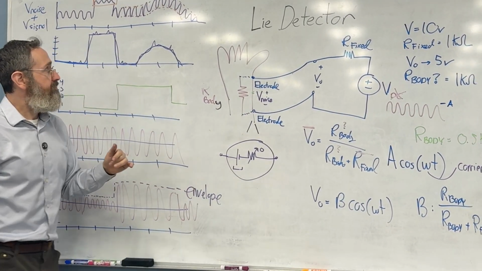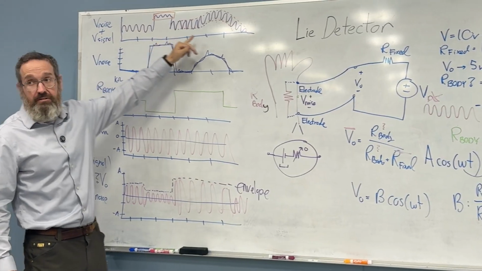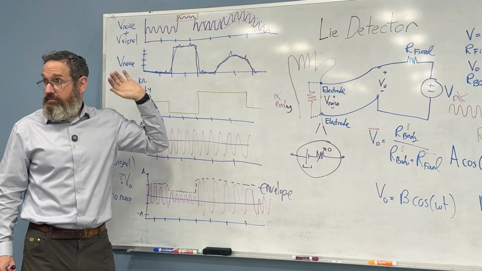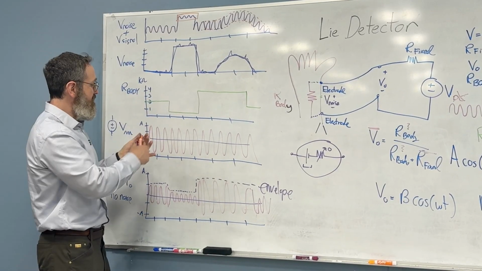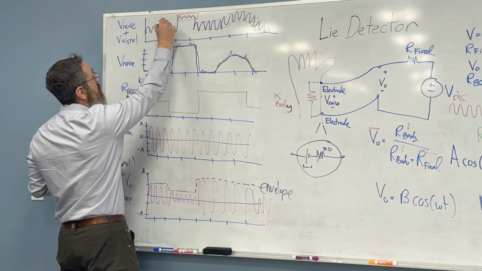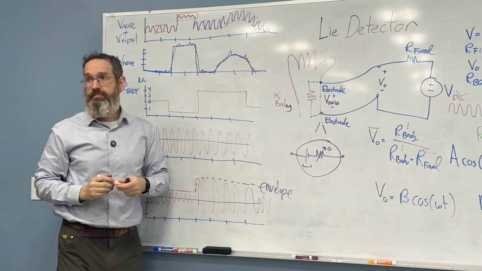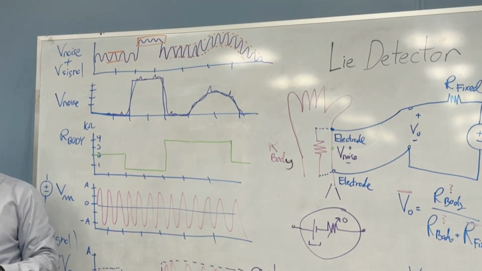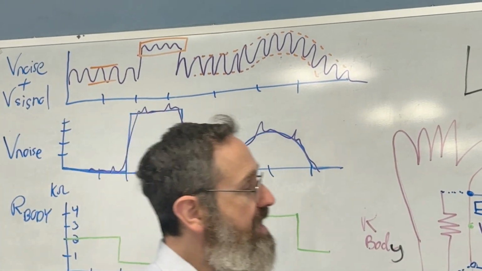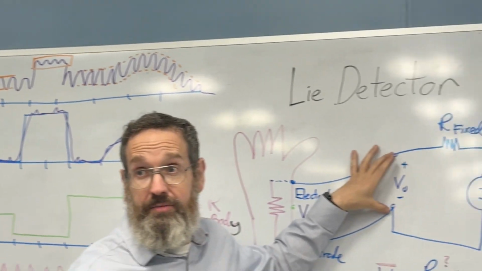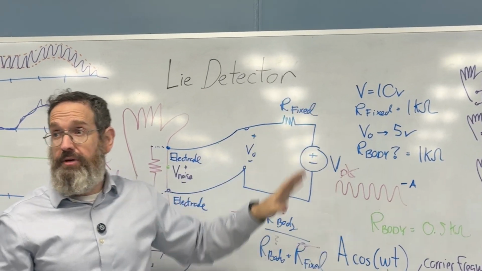And so now we're back to here. All I need to do is look at the size of the envelope. So I will take the signal that I have here and I will filter it.